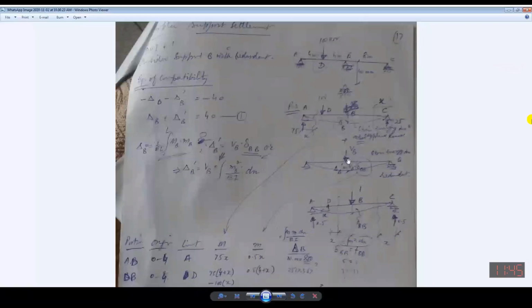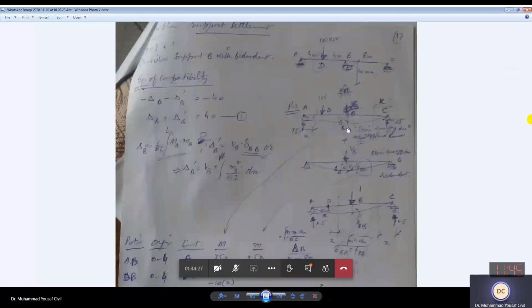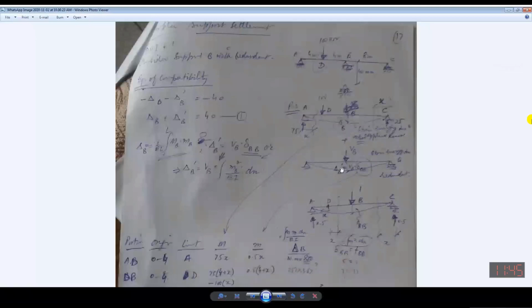Then under the effect of this 100 kilonewton, there will be deflection, which is known as delta B. Under the effect of this redundant, it will be delta dash BB. So now what will be the equation? Equation will be delta B plus delta dash BB should be equal to 0.